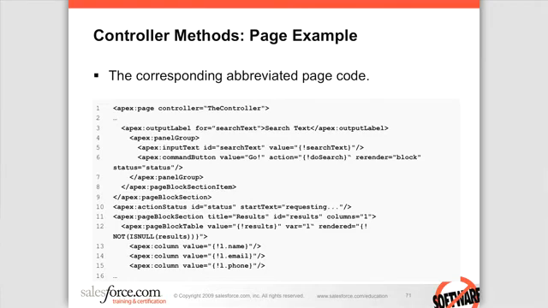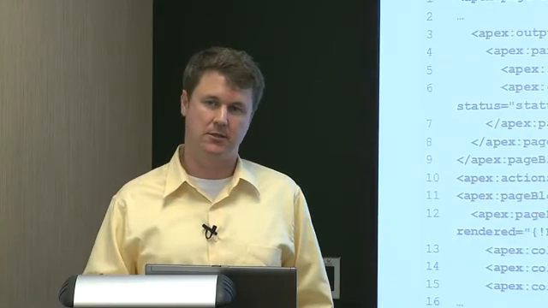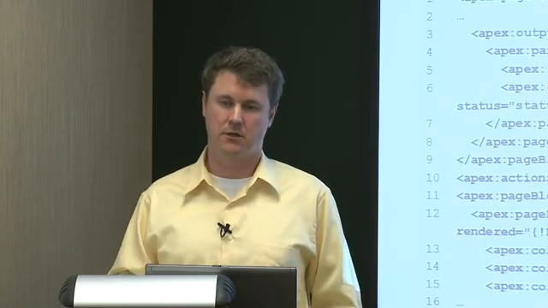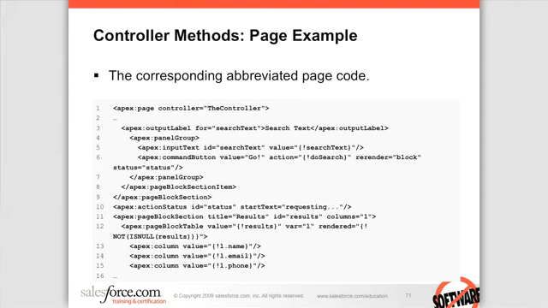What happens is that we're using an attribute called re-render, and that will re-render a portion of our page. It basically allows us to do partial page refreshes within our Visualforce pages. You'll notice that down here at the bottom, there is a page block table. The data that will be displayed within the page block table is a list of results.